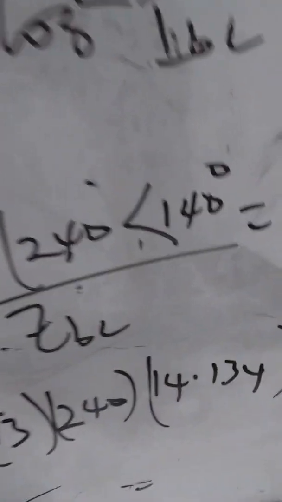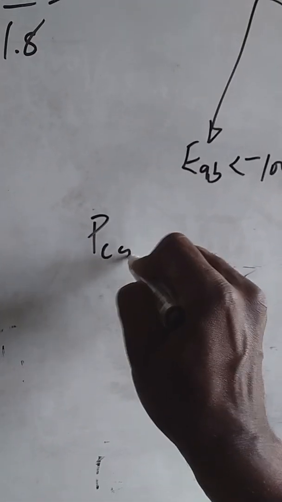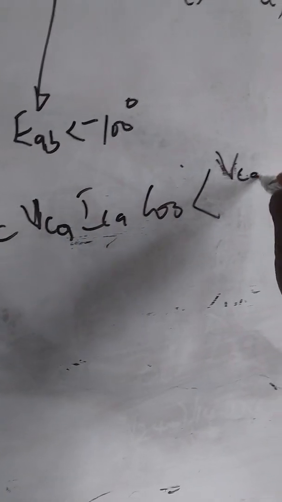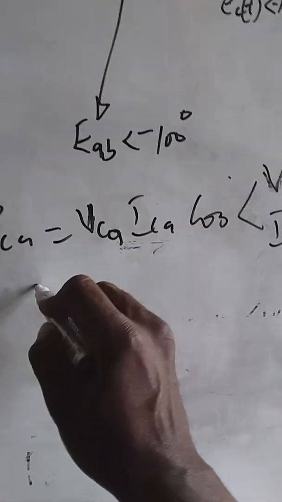And you do the same thing for the load in CA, which will be PCA, VCA ICA cos(θVCA − θICA). What's our ICA? Let's find our ICA.